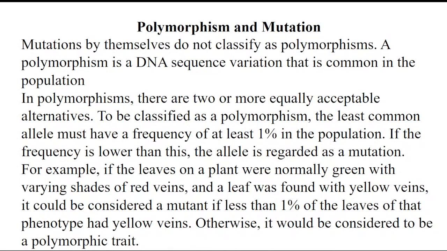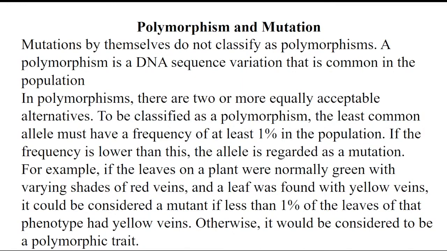So the reason of genetic polymorphism is the population. A polymorphism is a DNA sequence variation which is common in the population. In polymorphism, there are two or more equally acceptable alternatives.